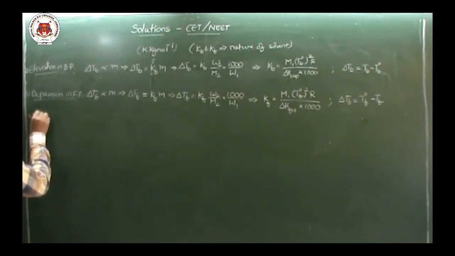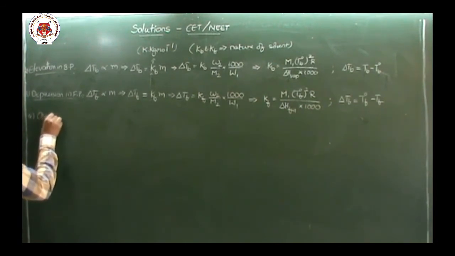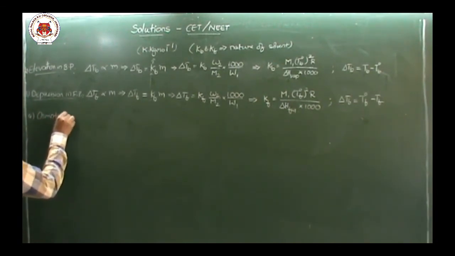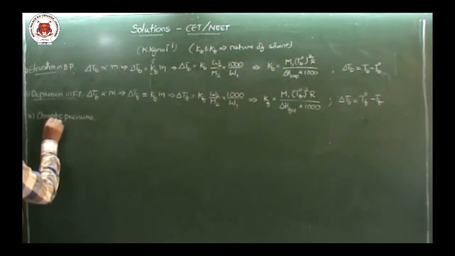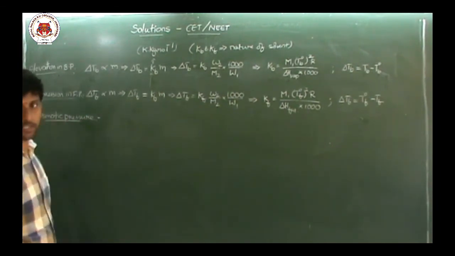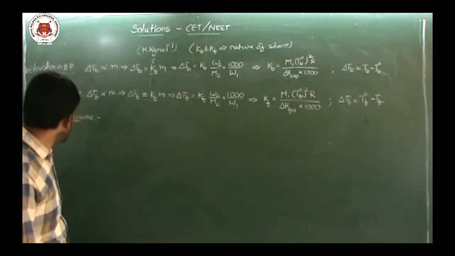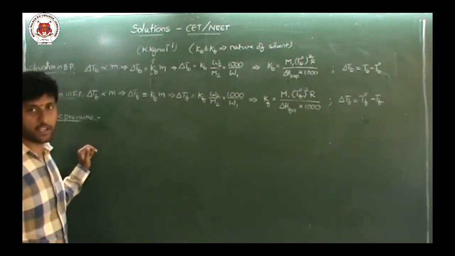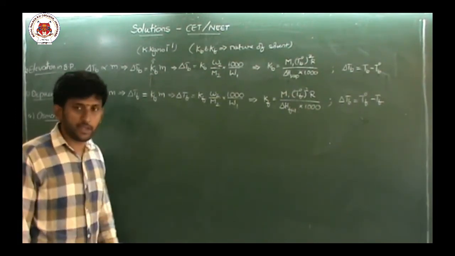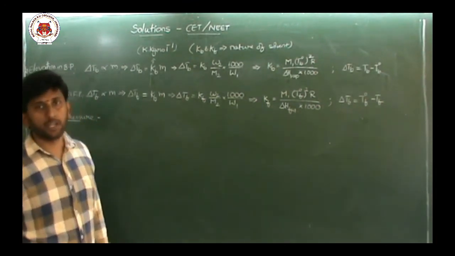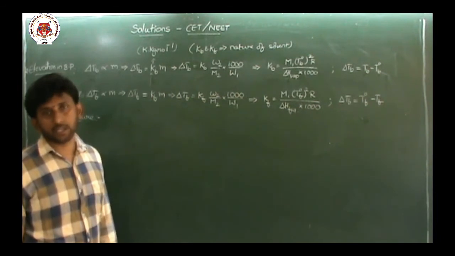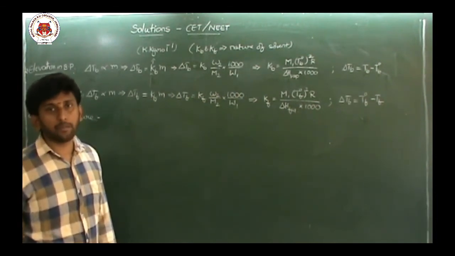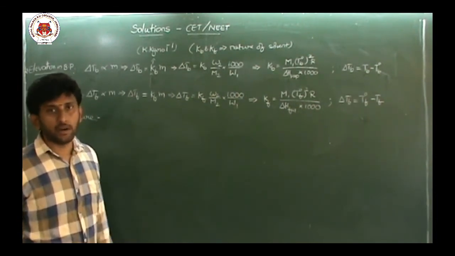Next property, osmotic pressure. What is osmosis? The movement of the solvent molecules from lower concentration to higher concentration through a semi-permeable membrane is called osmosis.